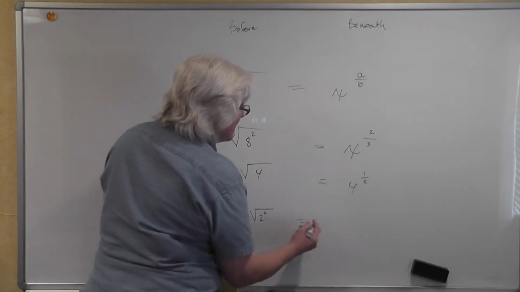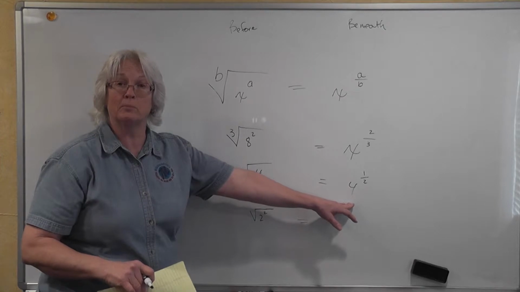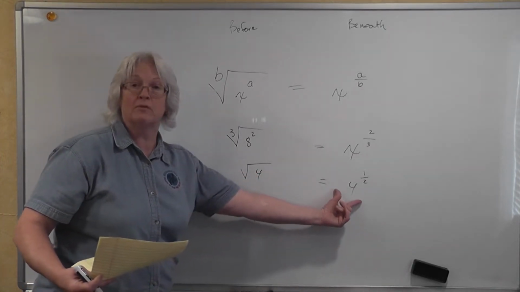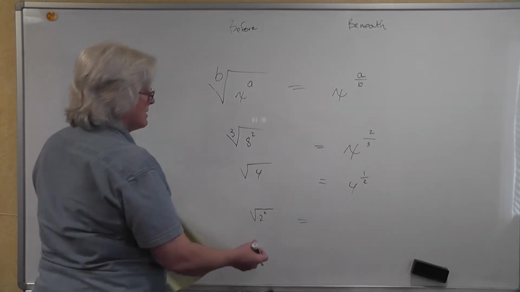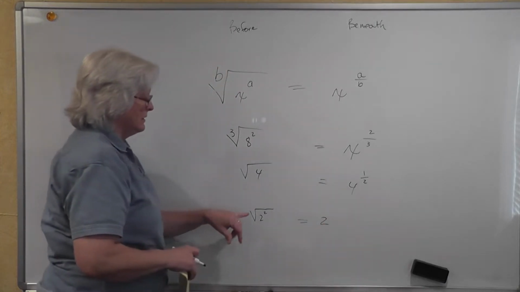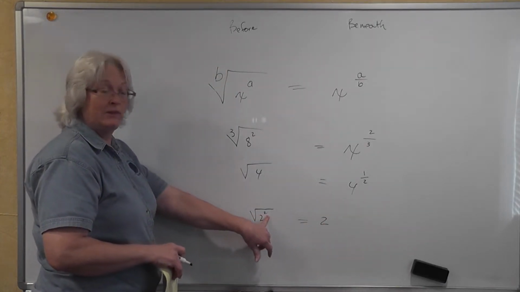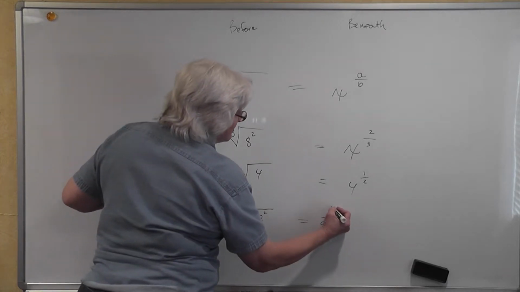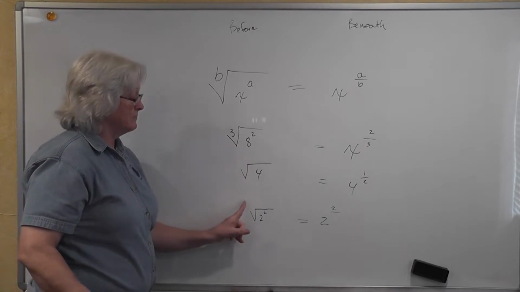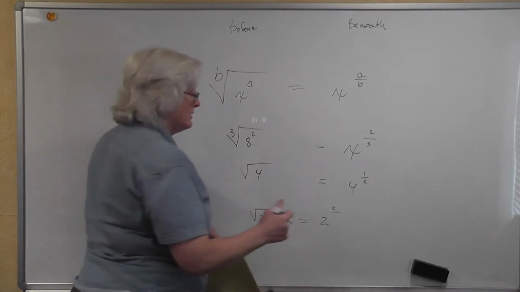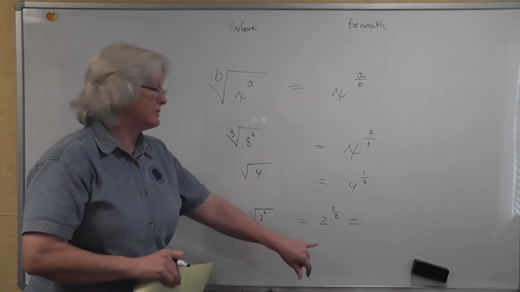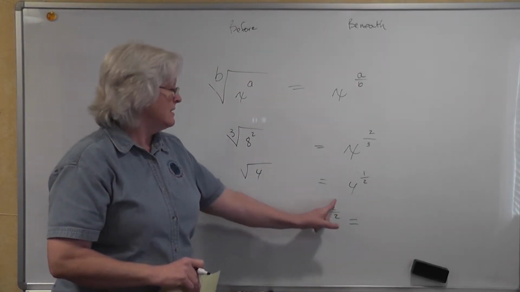Now, using our rules for indicating roots with fractional exponents, the 2 is our base. The number inside here, the exponent, is our numerator. And the index here, which is a 2, is our denominator. So we have 2 to the 2 over 2.